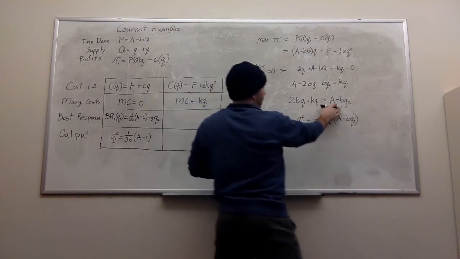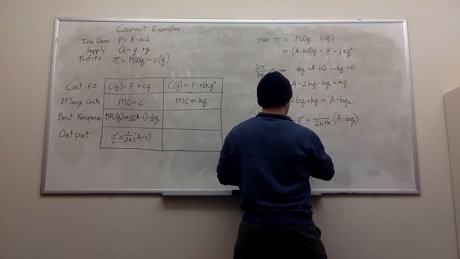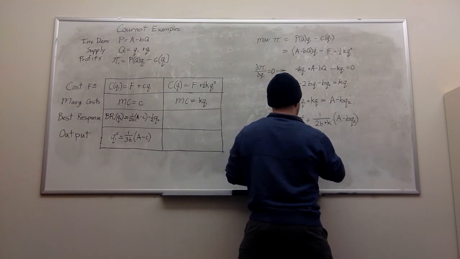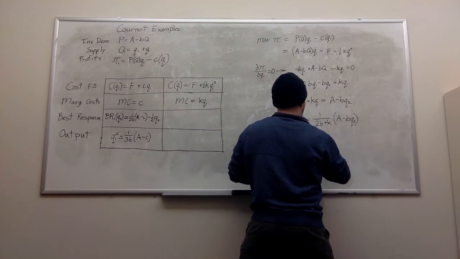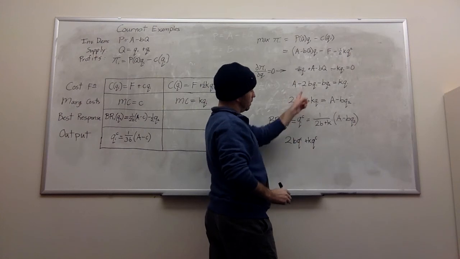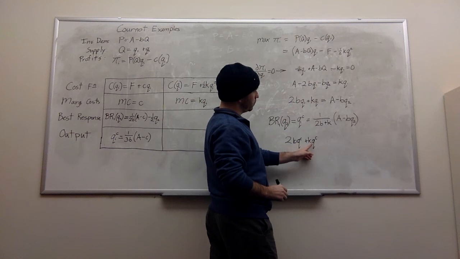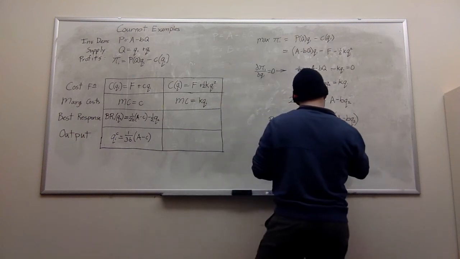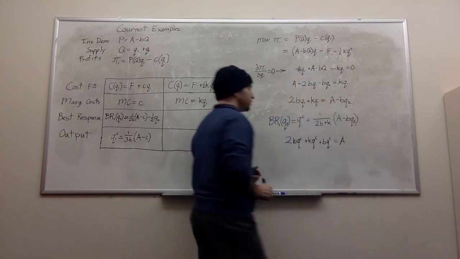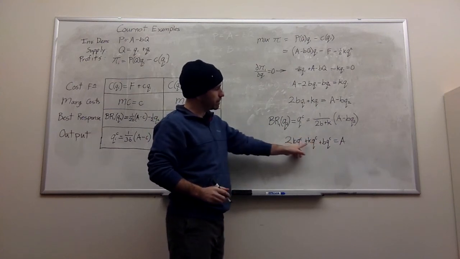So now from there, I've got 2BQ plus KQ, and then add another BQ is equal to A. That's 3BQ plus KQ.